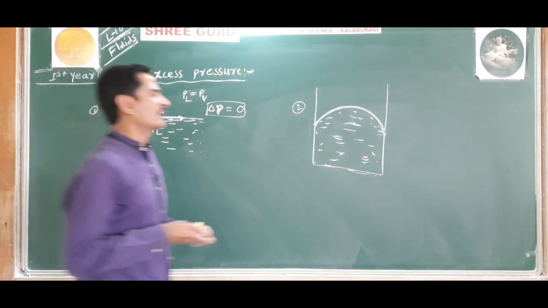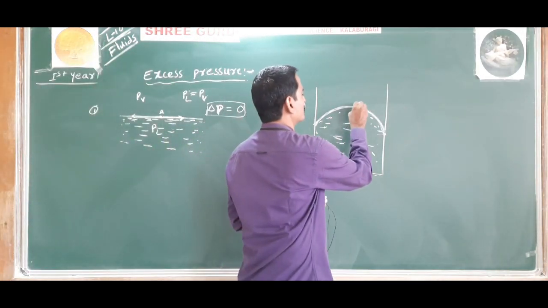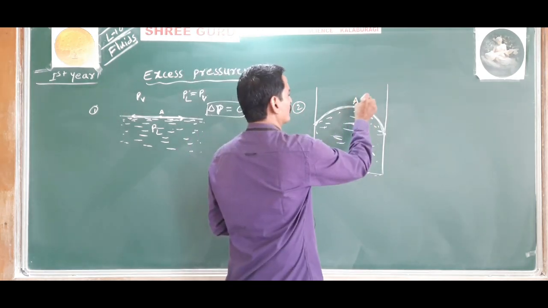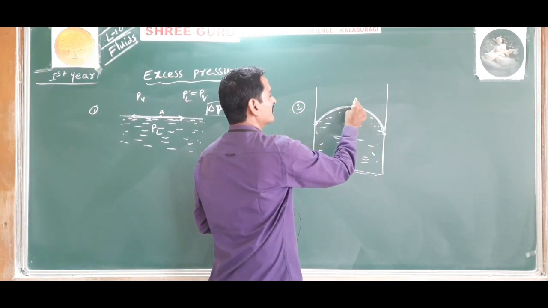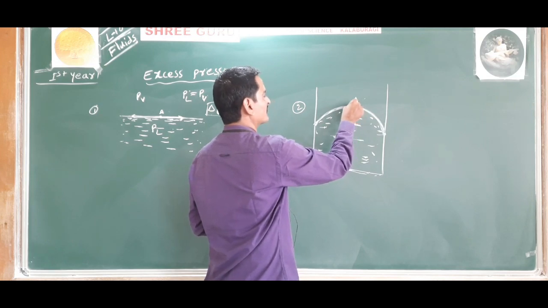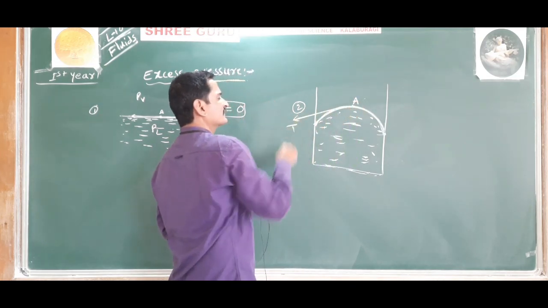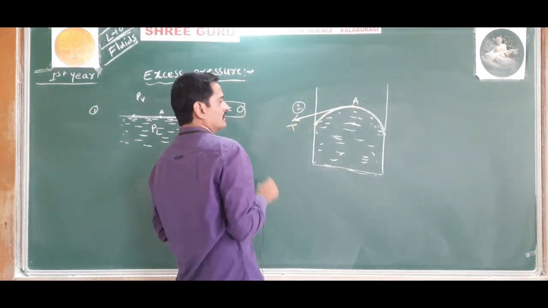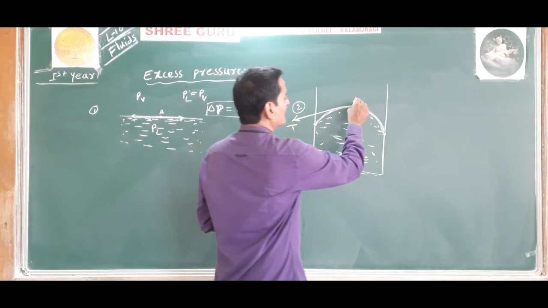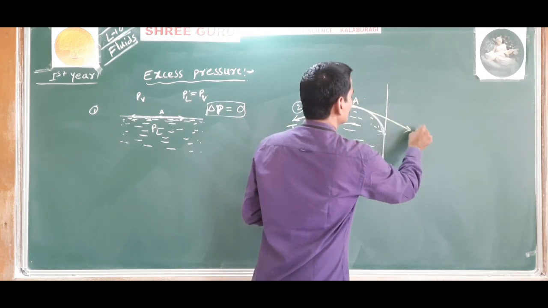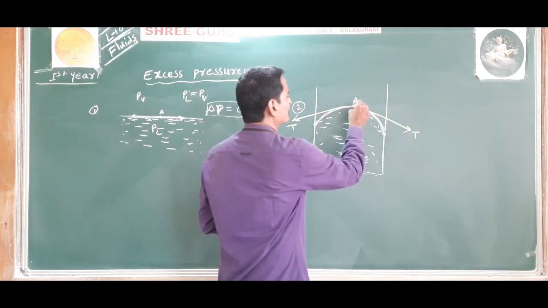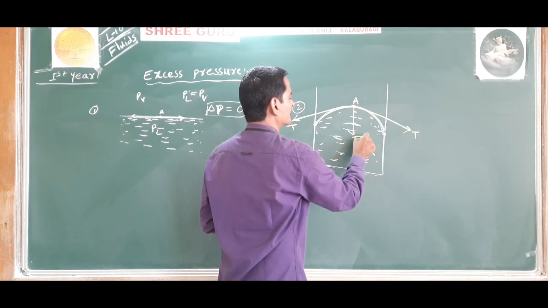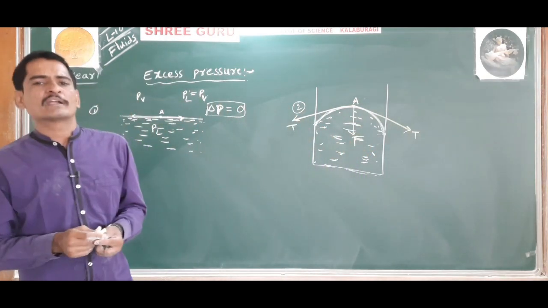Then a molecule A will experience a net force. A tangent drawn to this surface will give you the surface tension, and here also one more surface tension. So the net force acts on the molecule A in the downward direction.